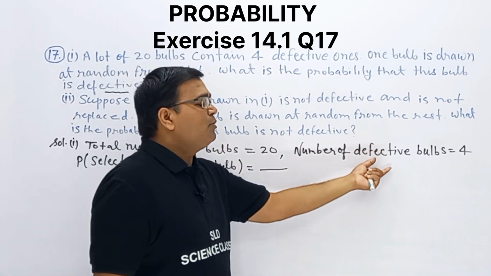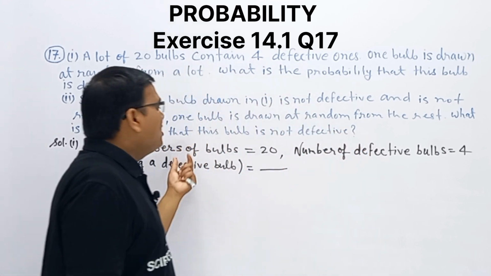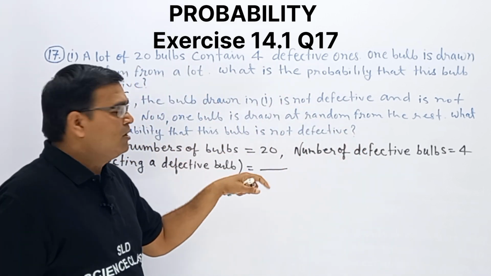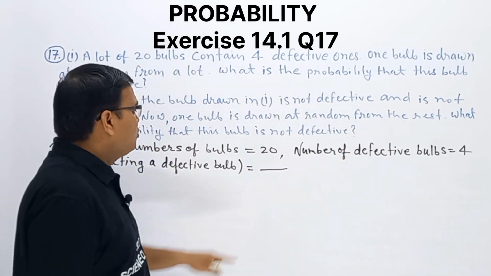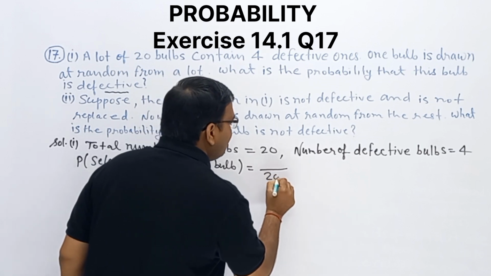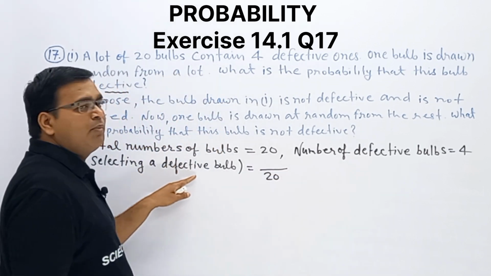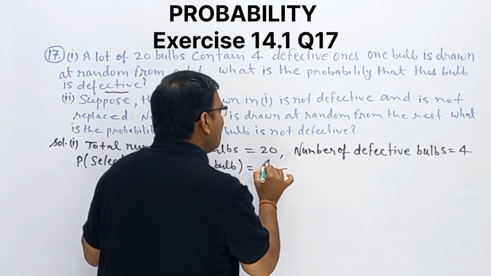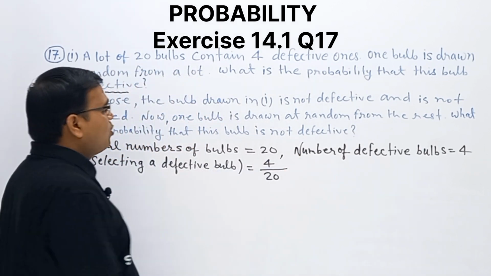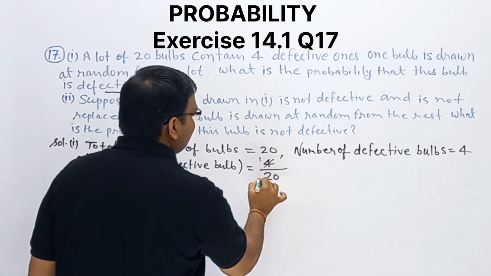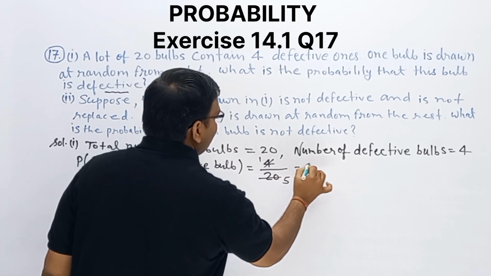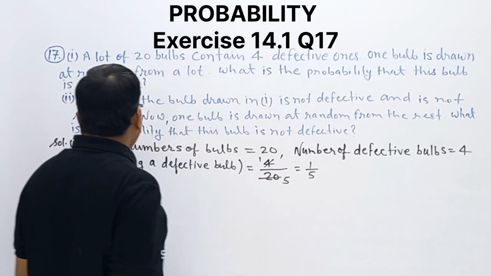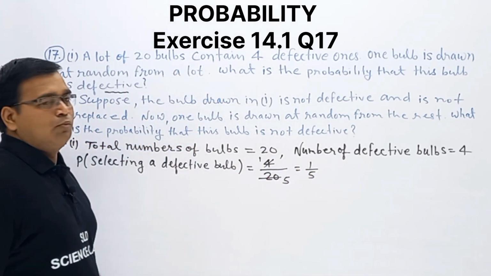We have 4 defective bulbs. Total bulbs, defective plus good, we have 20. So the total number of bulbs will be 20. We are selecting a defective one. We have 4 defective bulbs, so the number of favorable outcomes will be 4. Solving this: 4 ones are 4, 4 fives are 20. So 1 upon 5 is the probability of selecting a defective bulb.